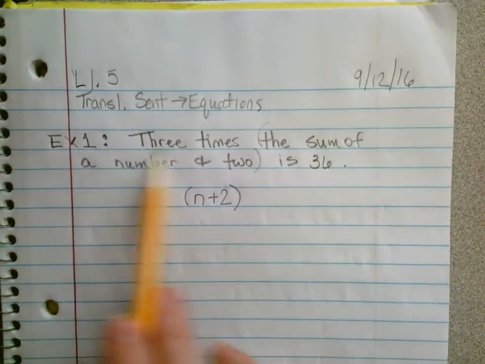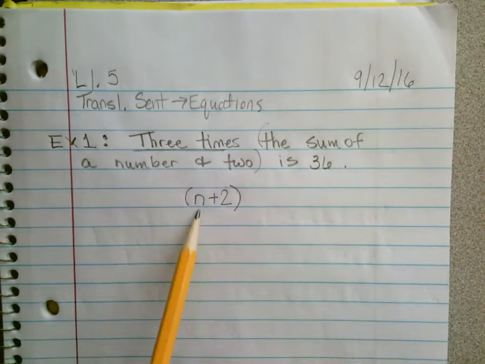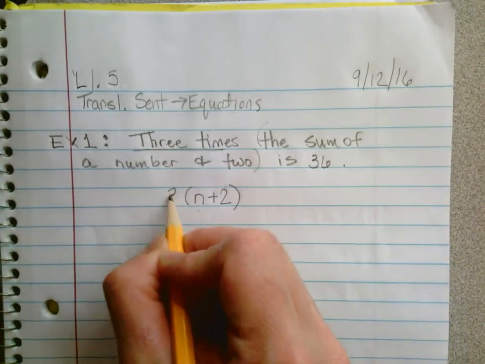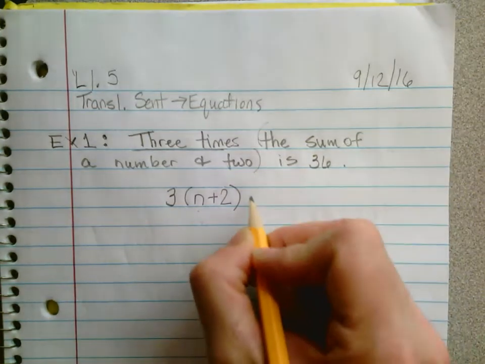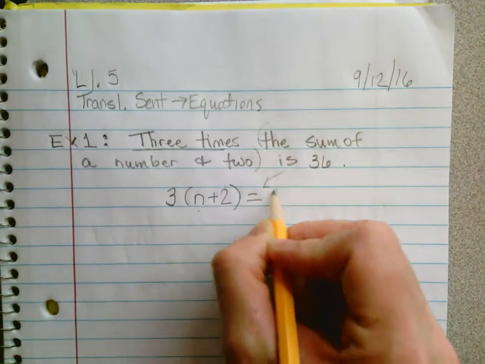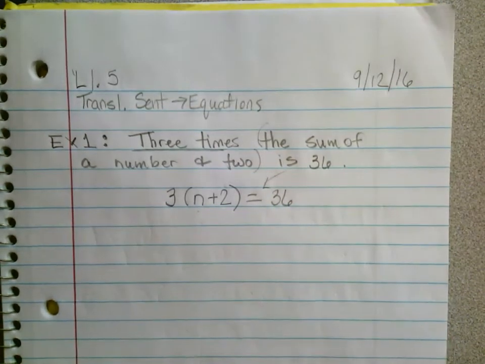But it's 3 times that sum. The item there, 3 times the sum of a number and 2, is 36. You could all probably solve it from here if I asked you to, but we're not going to. We're just kind of following along here.